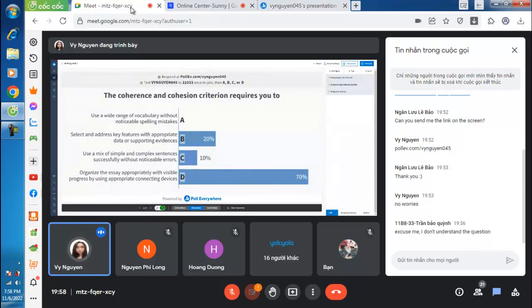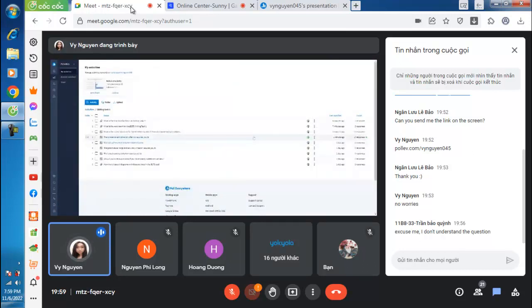Especially when you write a process type, they will ask you to, you know, show the sequences. Therefore, for coherence and cohesion, you should try to use connecting devices to show the relationship between sentences and the time order, right? Next one. This is just review to make sure you guys understand what's happening in writing task 1.